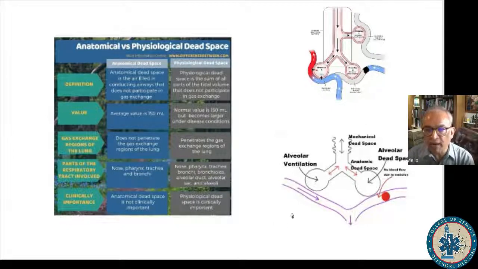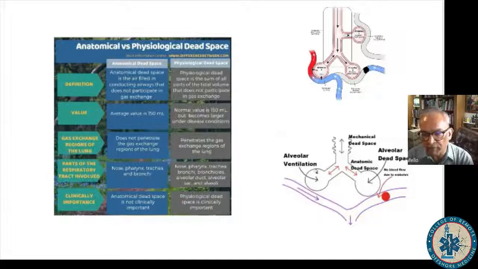So in this diagram here, you can see you've got mechanical dead space represented by this corrugated tubing to represent an endotracheal tube and a long anesthetic circuit. In normal ventilation, you've got air being taken up into the alveoli, and that alveoli is perfused by blood.